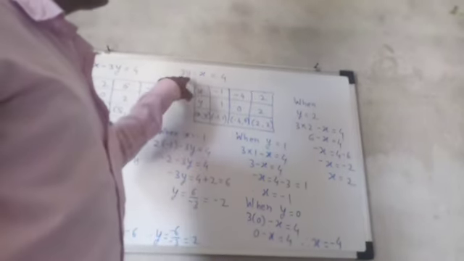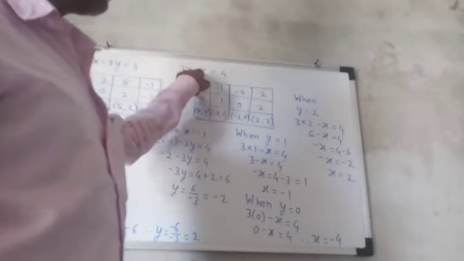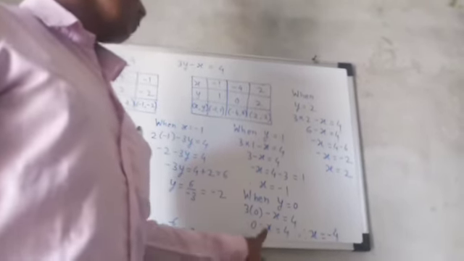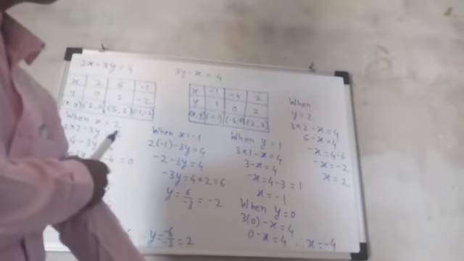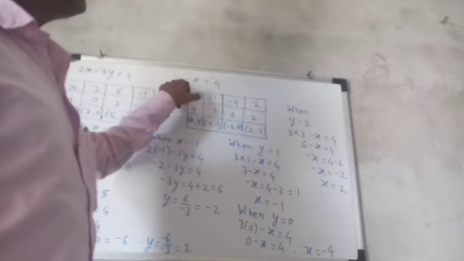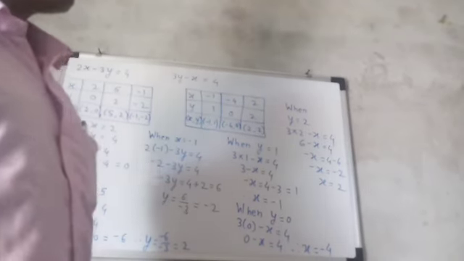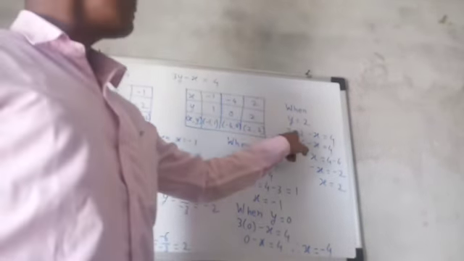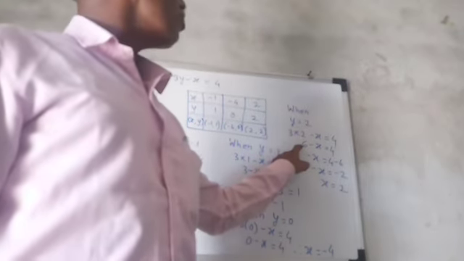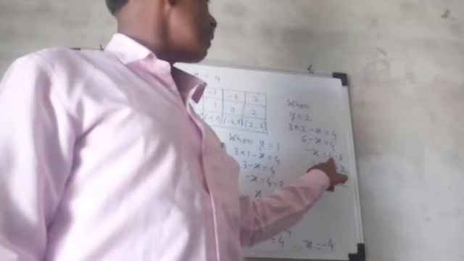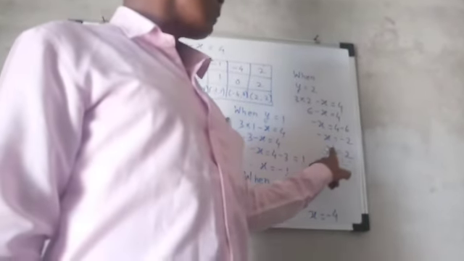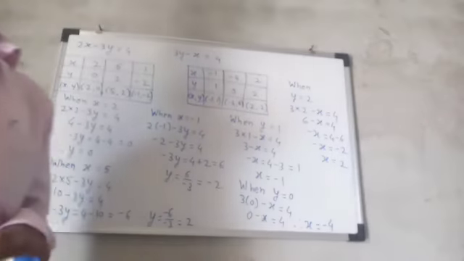When y is equal to 0, 3 into 0 minus x is equal to 4. 3 zeros are 0 minus x is equal to 4. X is equal to minus 4. When y is equal to 2, 3 into 2 minus x is equal to 4. 3 twos are 6 minus x is equal to 4. Minus x is equal to 4 minus 6, that is minus 2. Minus x is equal to minus 2. X is equal to 2.